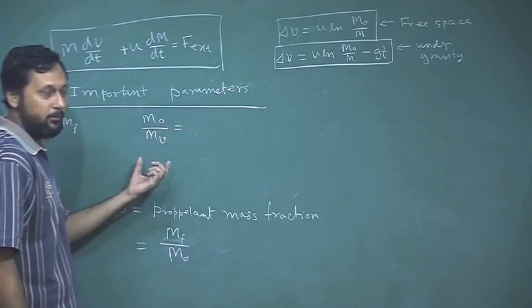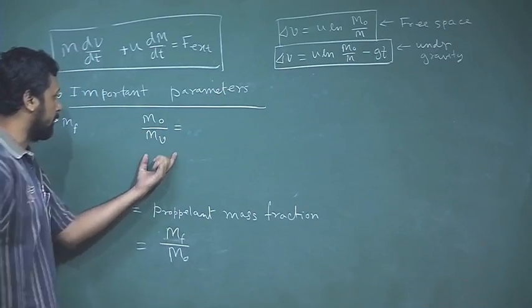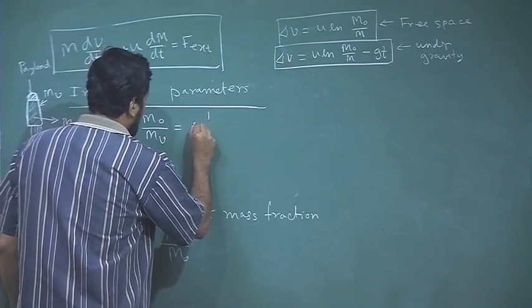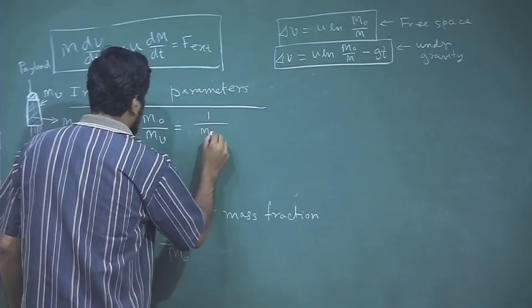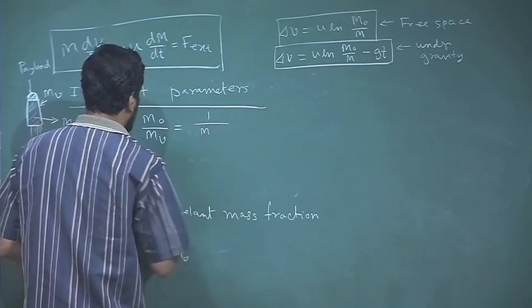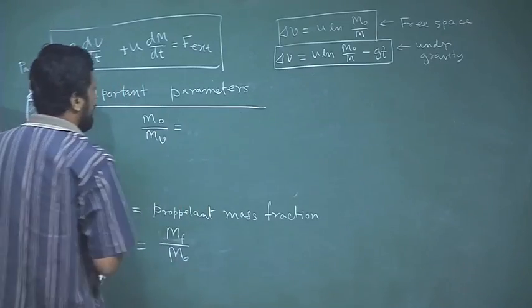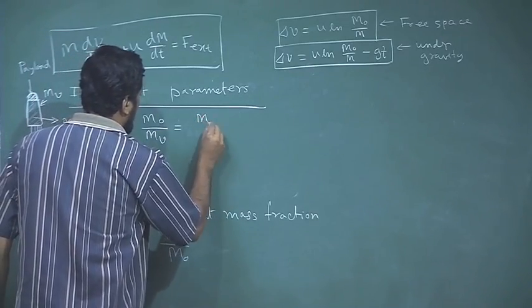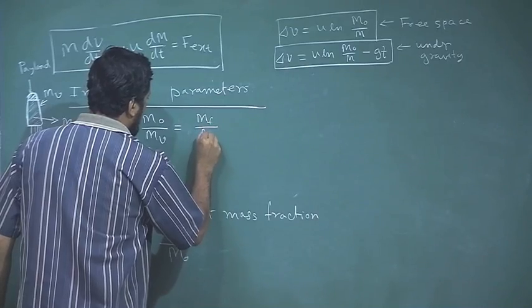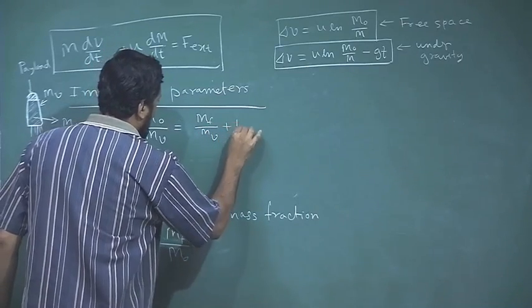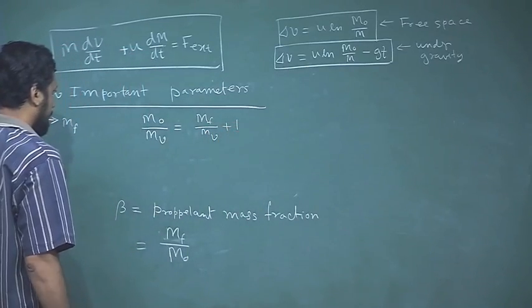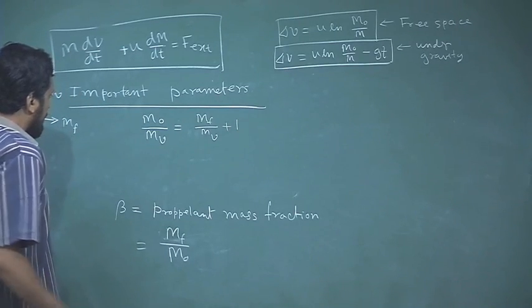We will see why this ratio is important. It is simply mf by mv plus 1.